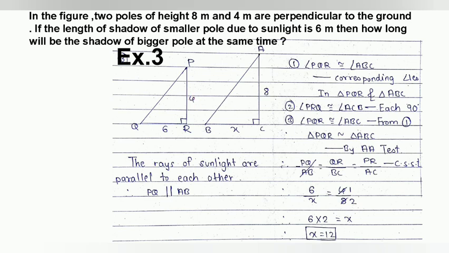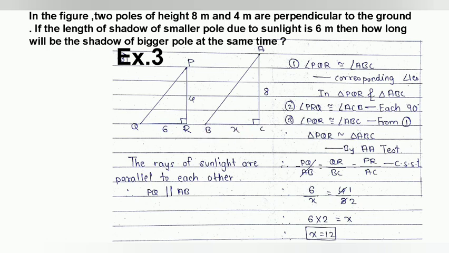If the length of the shadow of the smaller pole, QR, due to sunlight is 6 meter, then how long will be the shadow of the bigger pole at the same time? That means BC is the shadow of the bigger pole, and we are going to find the length of this BC.